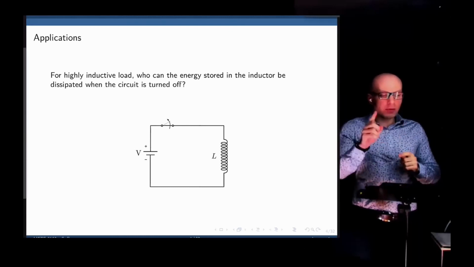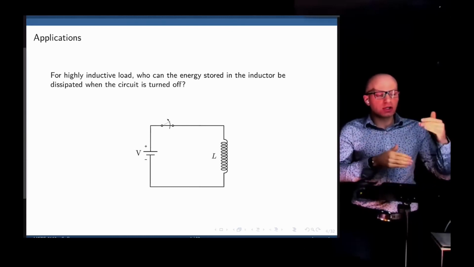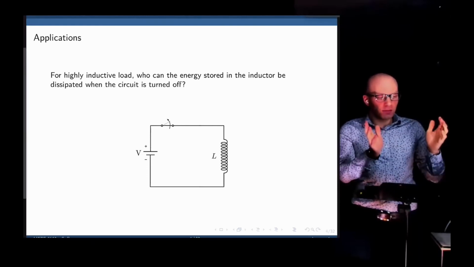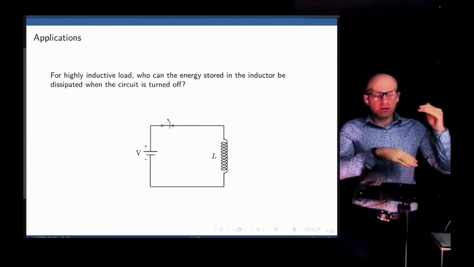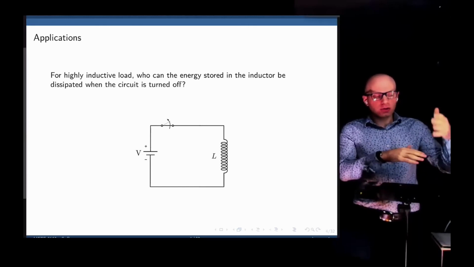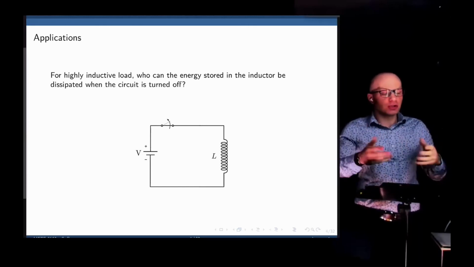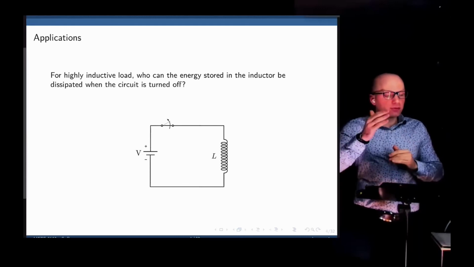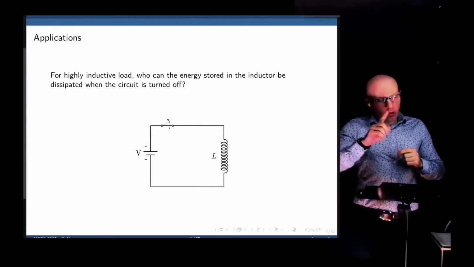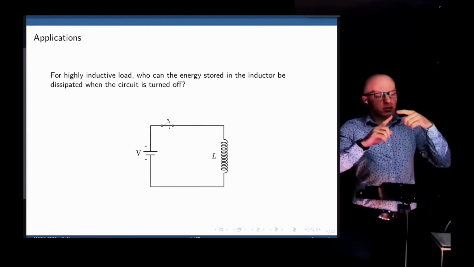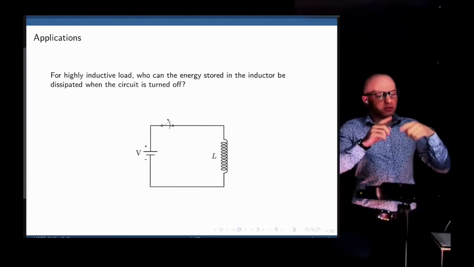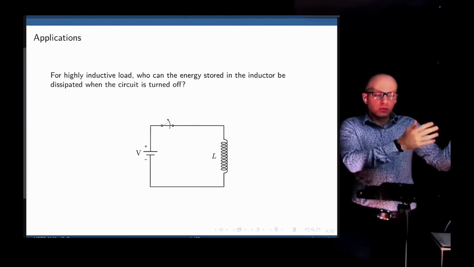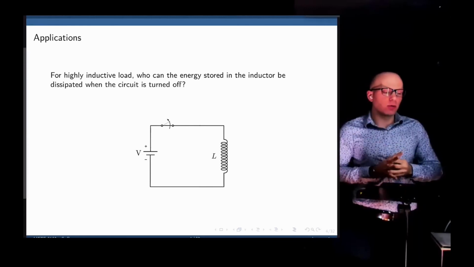When we open the switch, there will be a drastic change in the current. di/dt will change drastically, which means that the voltage across the inductor will also change drastically to prevent this change, or to try to prevent this change in current, which results in a large voltage. And when you open the switch, we'll probably notice sparks. And these sparks are coming from the inductor now trying to release that stored energy somewhere.